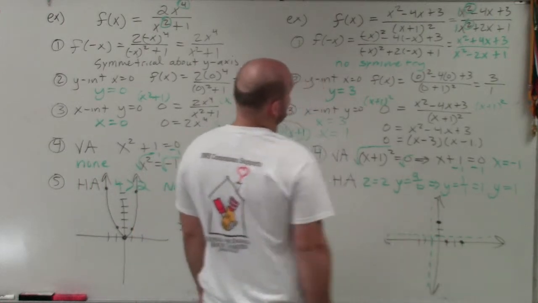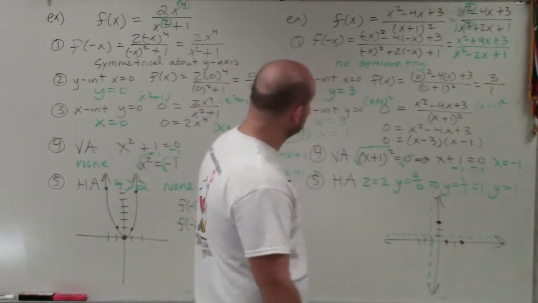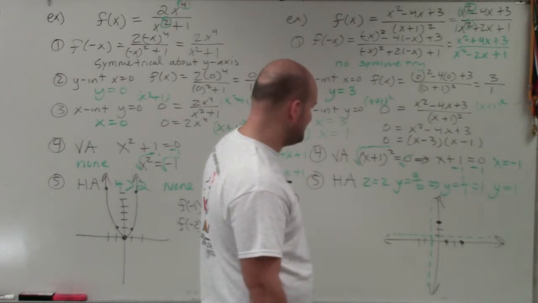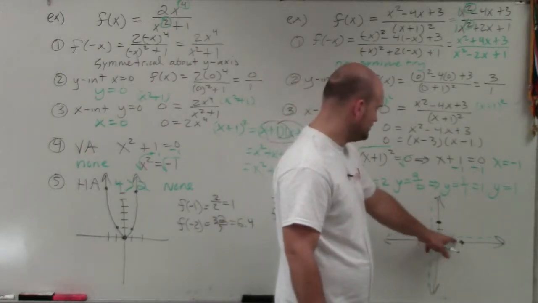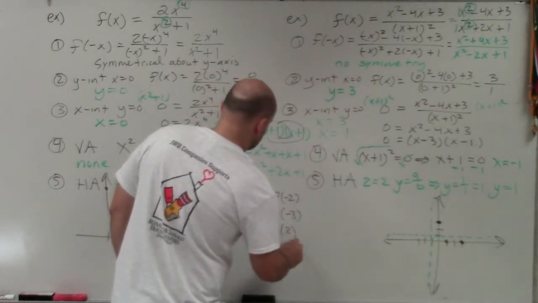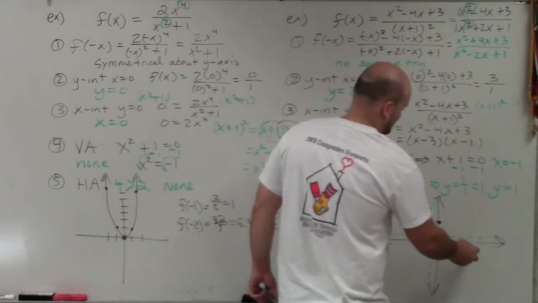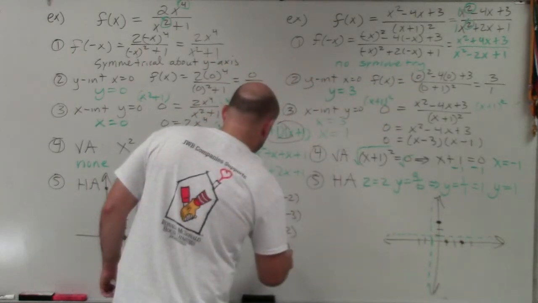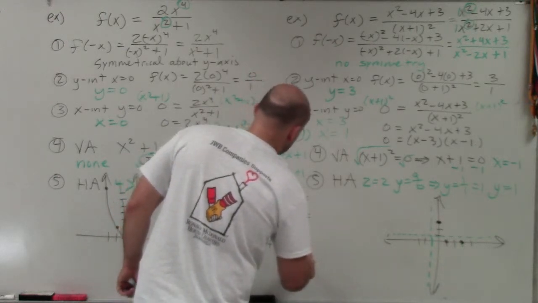This stuff really isn't so obvious. So I'm going to definitely want to choose f of 2. And let's choose 1, 2, 3, 4. Let's do f of 4.